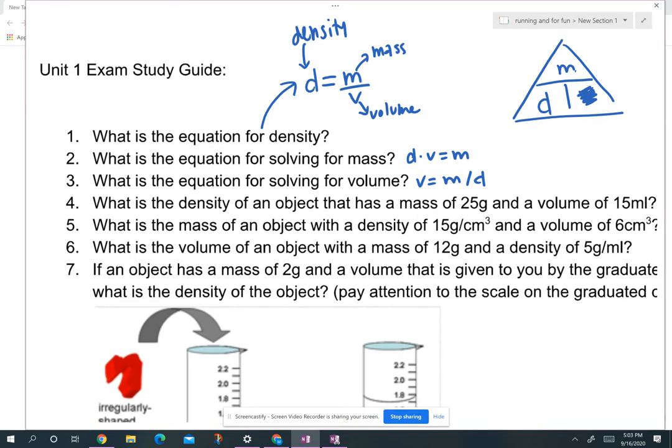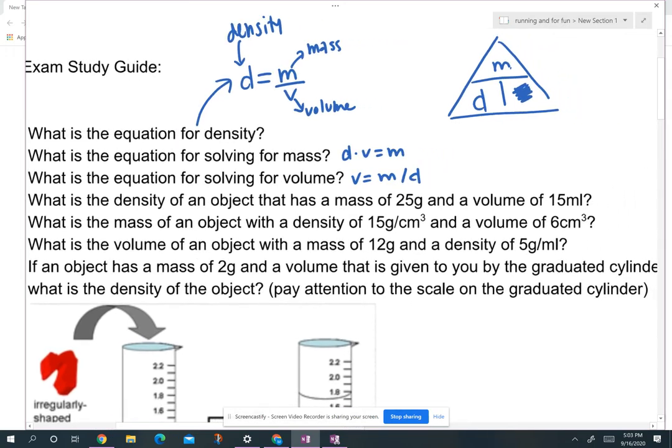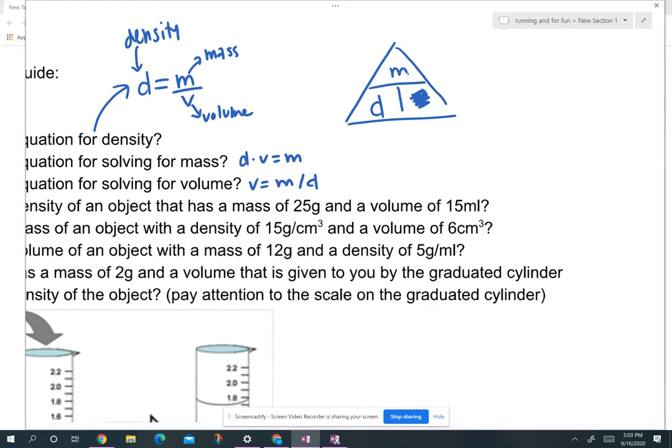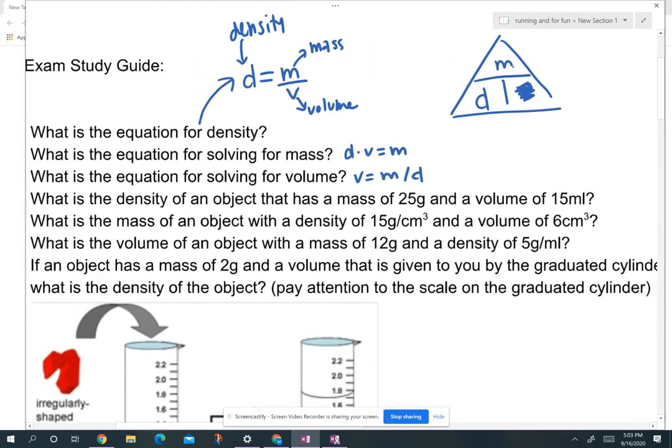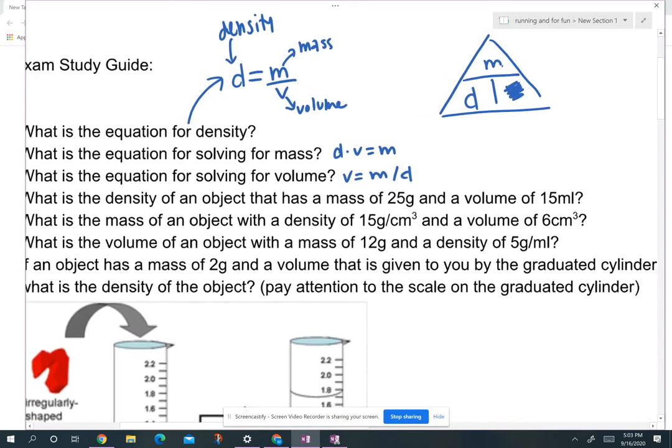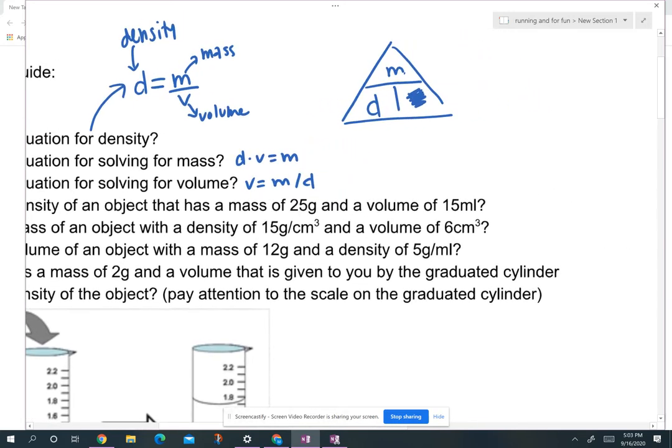Another thing you would do is some example problems. So we will solve this. What is the density of an object that has a mass of 25 and a volume of 15? This one is the same equation: D is equal to M over V. I have a mass of 25 grams and a volume of 15 milliliters.